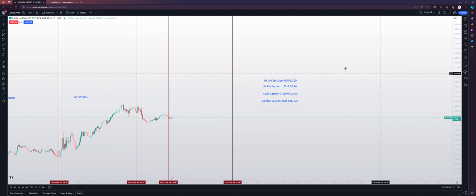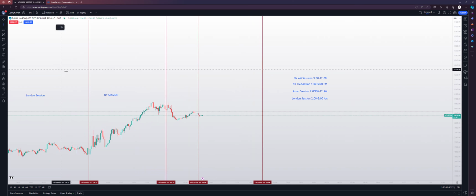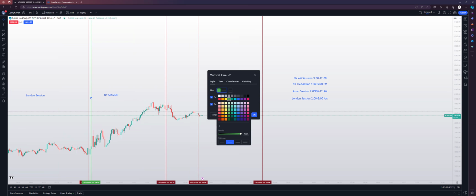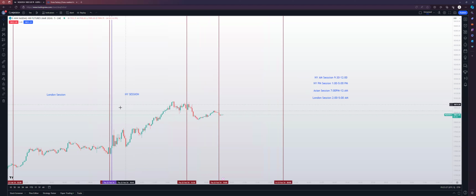Just how if I were to go to New York, I'm going to make these different colors. But from this line right here until this line right here is where you'd want to trade the New York AM session.